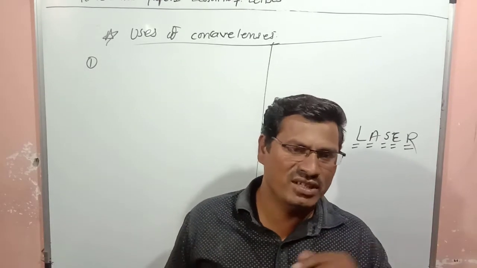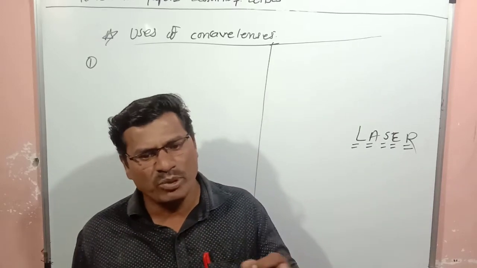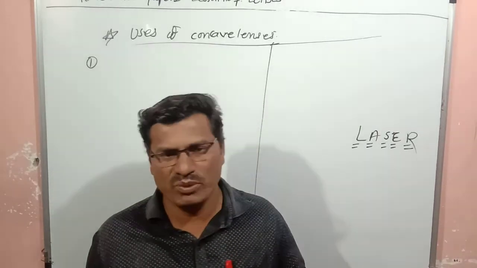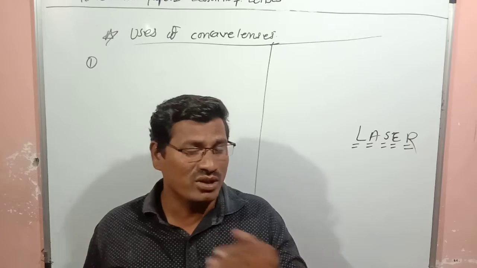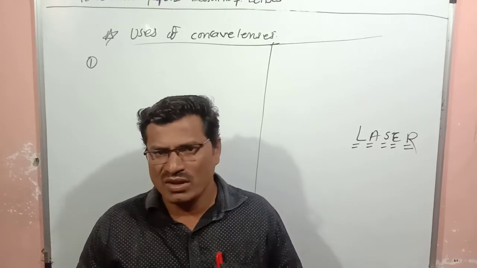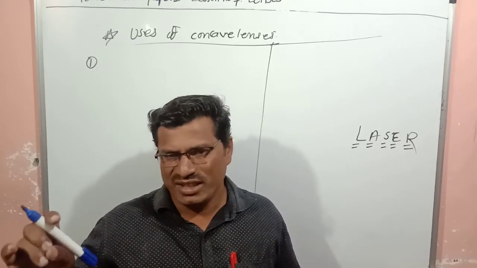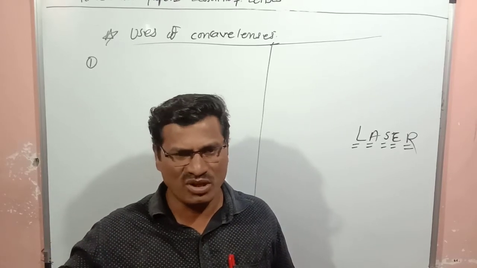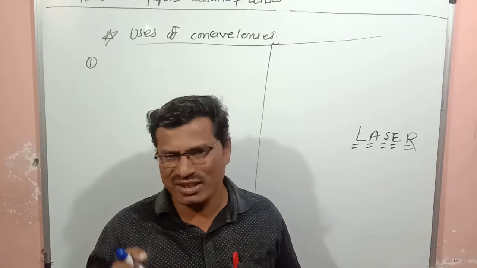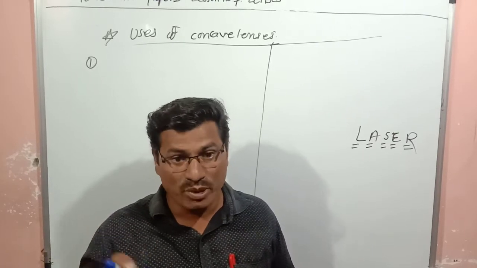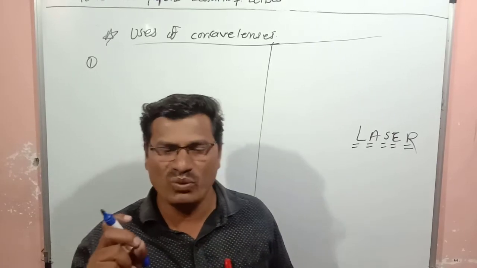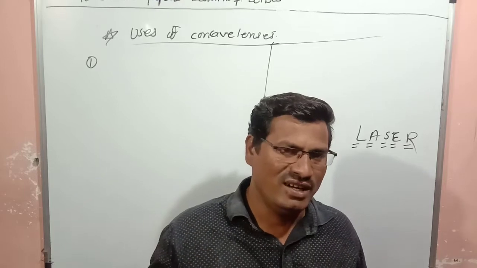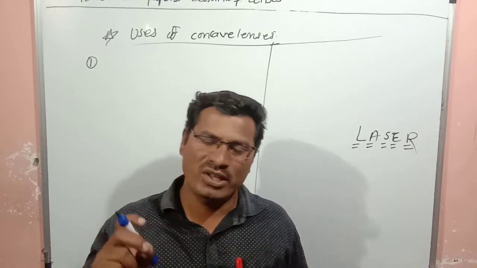Second point is the peephole. In the peephole we are using concave lenses. The front door of the house has one peephole, and in that peephole one lens is fixed, and that lens is a concave lens.